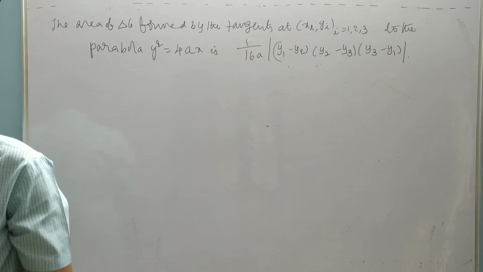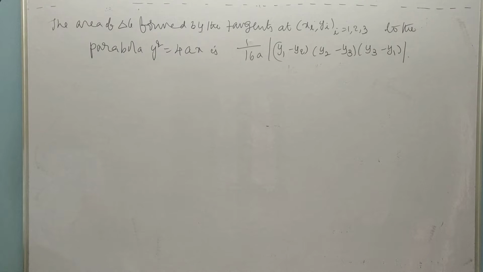Area of the triangle formed by the tangents at 3 points.